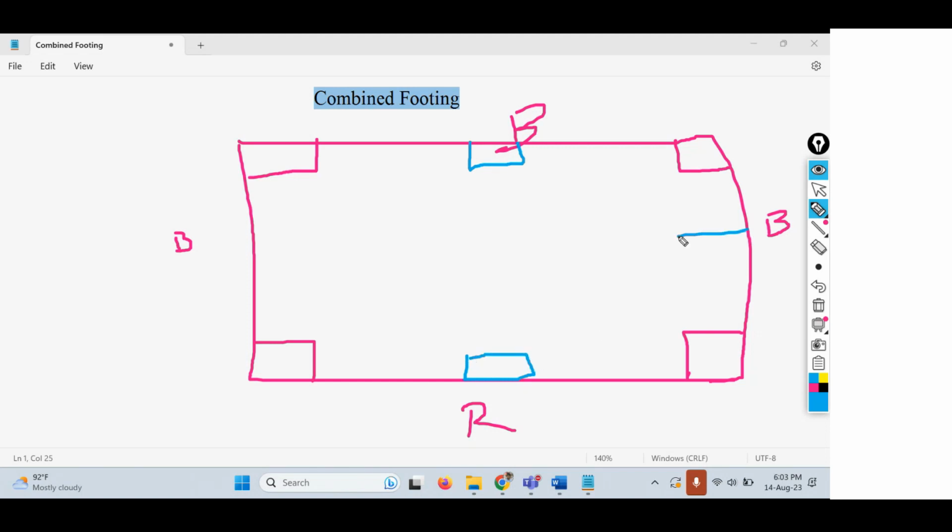Let's say this is another one, and this is another one. Somewhere here can be another one and somewhere here another one. These are the internal footings or internal columns. The corner ones are the external columns, or major columns or major footings, and the blue color ones are the internal columns.